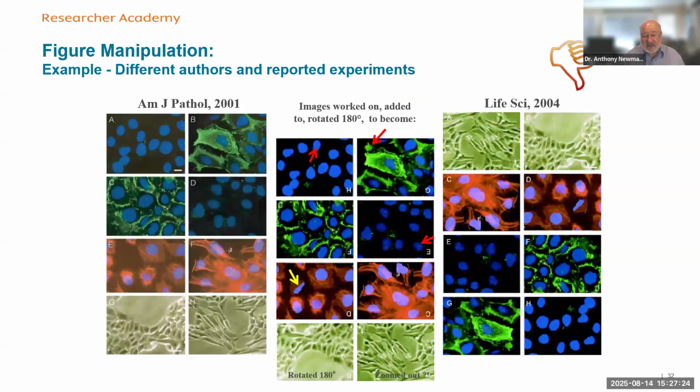You know, this is an example of something that went badly wrong. 2001, interesting article, interesting figure, a good paper. It's immunostaining. Some people took this figure, boosted it in Photoshop, added a few spots here and there, flipped it round, and published it on an entirely different topic in another journal in 2004.